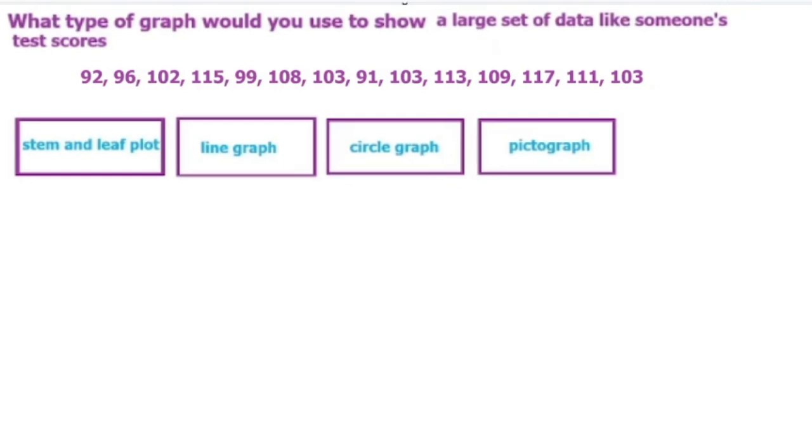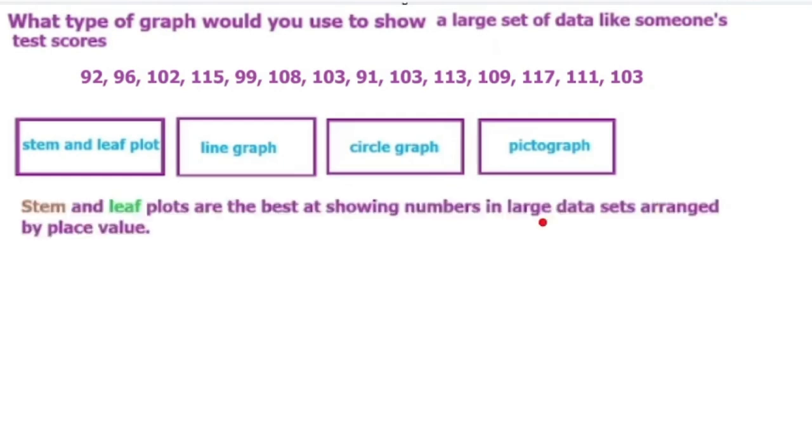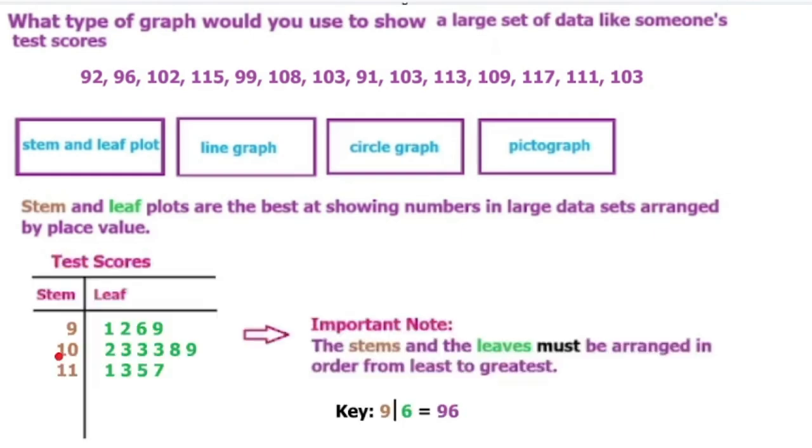Stem and leaf plots are the best at showing numbers in large data sets arranged by place value. So here we have a large data set, and we could break these down in terms of place value. So in a stem and leaf plot, it would look like this. We would take a look at the first variable and the next two variables.